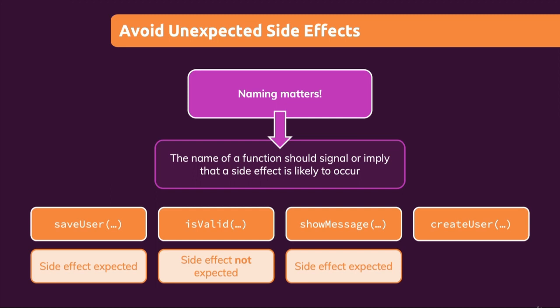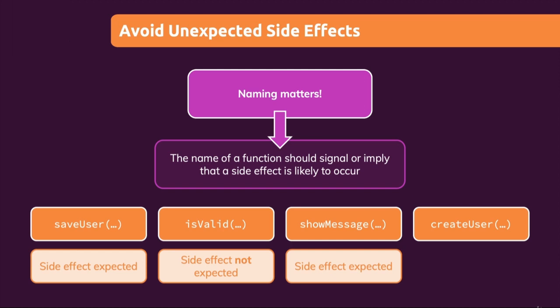Now what about createUser? Here, I would say you could go either way. You could say that you don't expect a side effect because a function named createUser will probably do just that, create a new user. On the other hand, create is a very wide word with a lot of interpretation you can put into it.